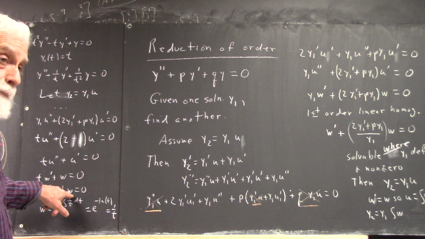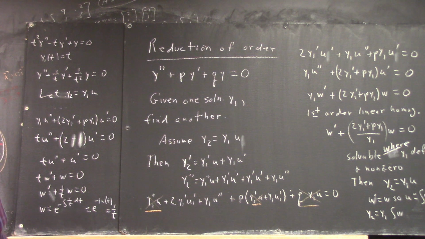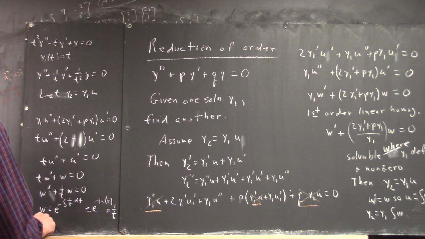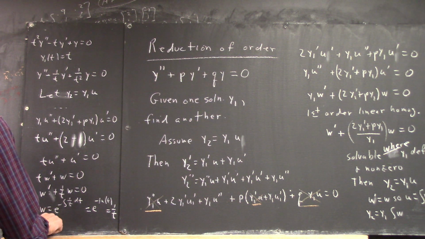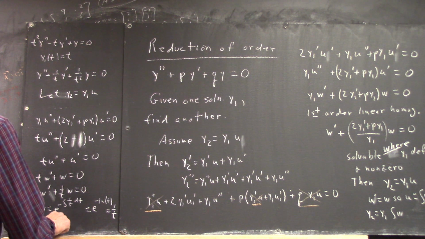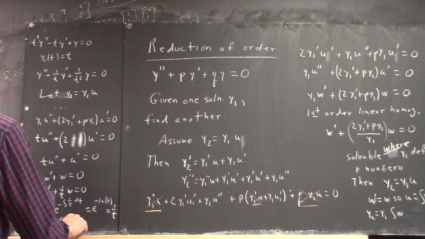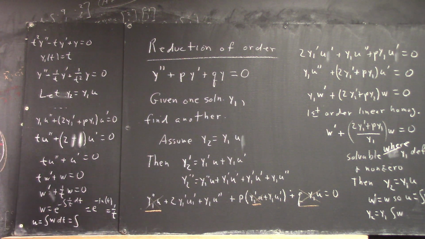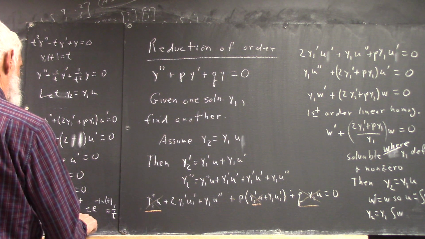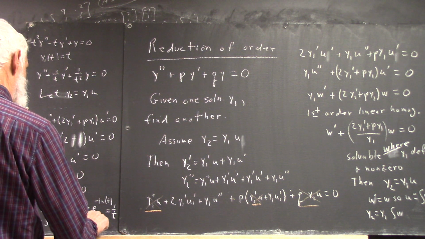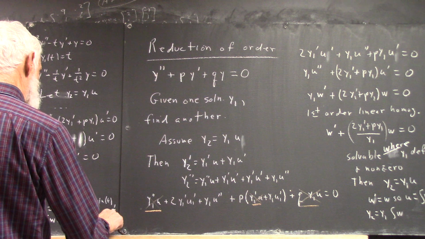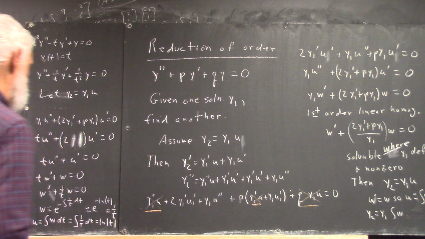This will give you plus 1 over t squared. It's 0, so that u is the integral of w. I'll put the t dependence in here since we know what the variable is. Integral of 1 over t dt, which is the natural log of the absolute value of t.